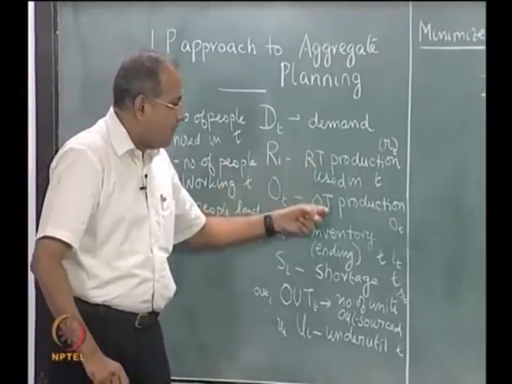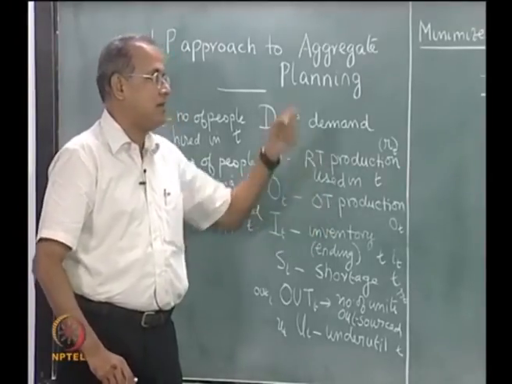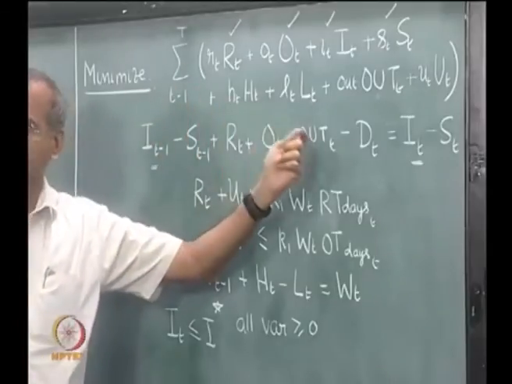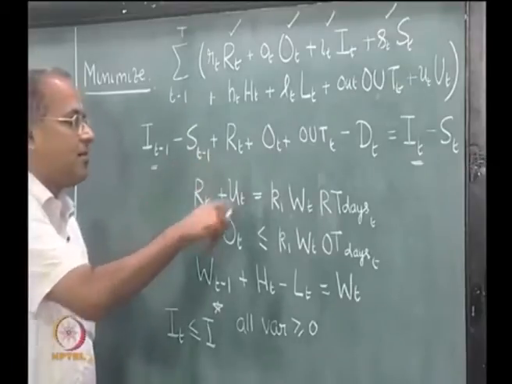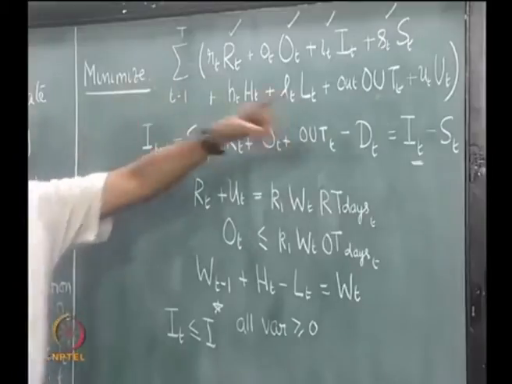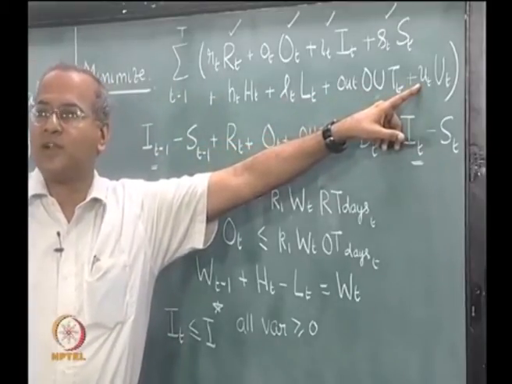If we start defining them as number of units produced in regular time, overtime, number of units of inventory, number of units of shortage, number of units outsourced, but HT and LT are number of people who are hired and laid off. UT should ideally be the number of hours that are not utilized.